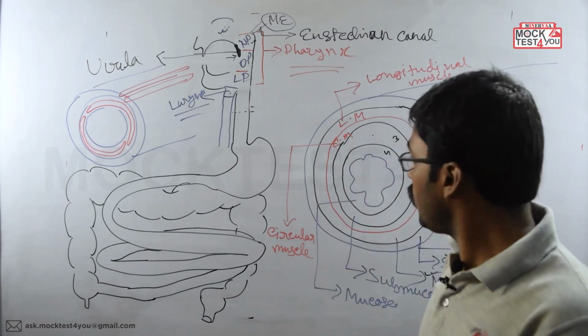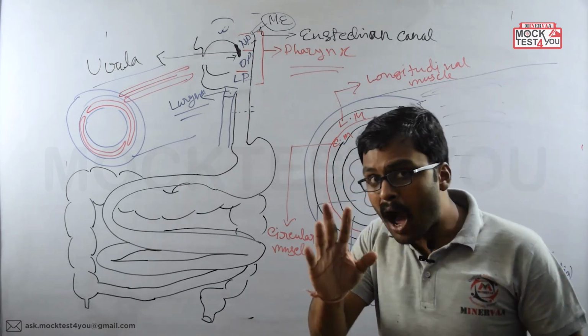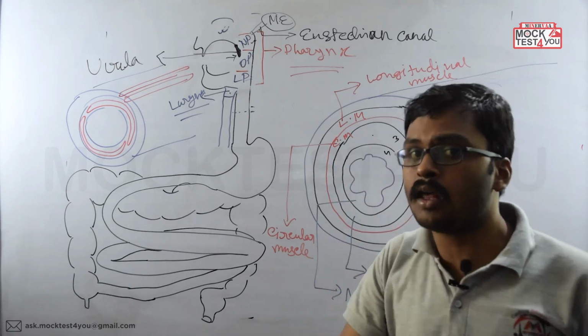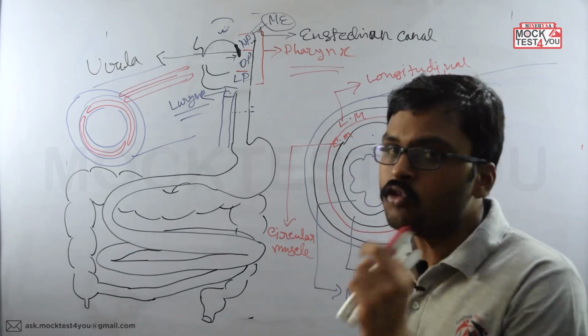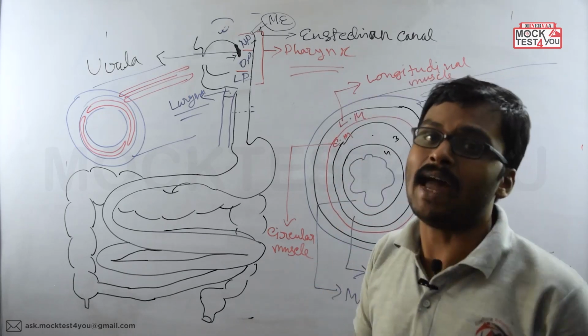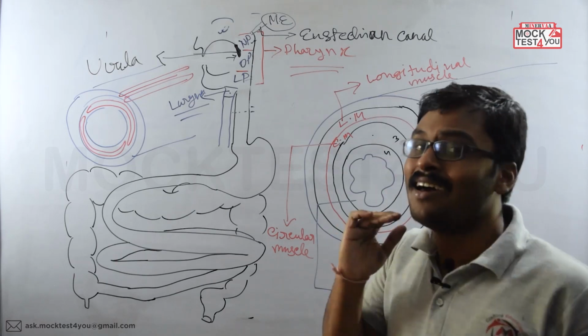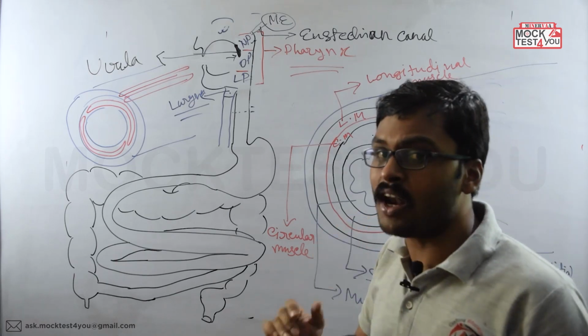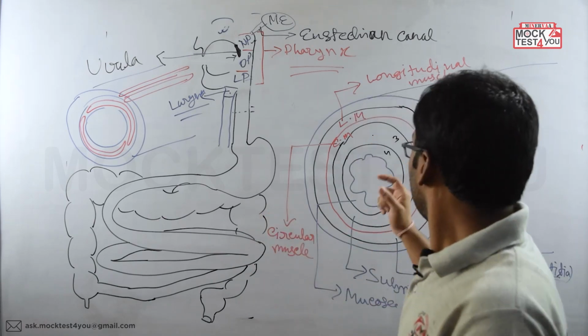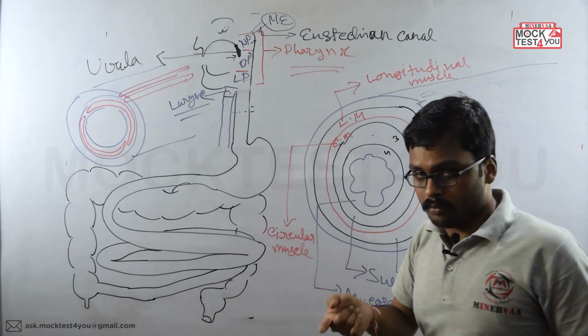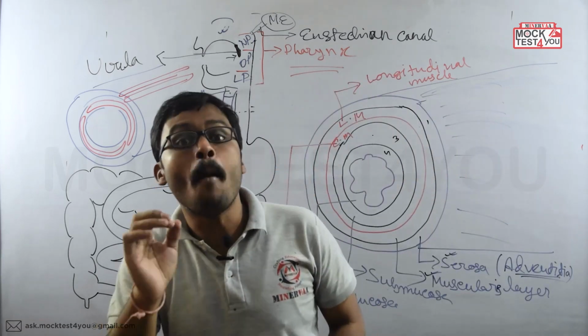Now the next thing, apart from these, one more type of muscle layer we are getting in the stomach, okay. What is that? An extra layer inside the stomach, and that muscle layer is called oblique muscle.